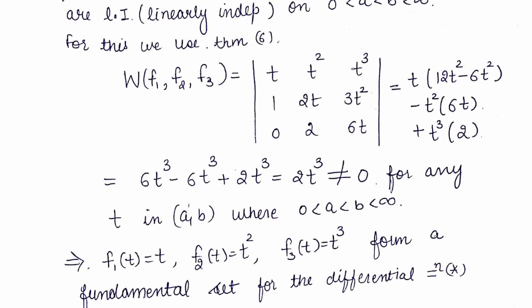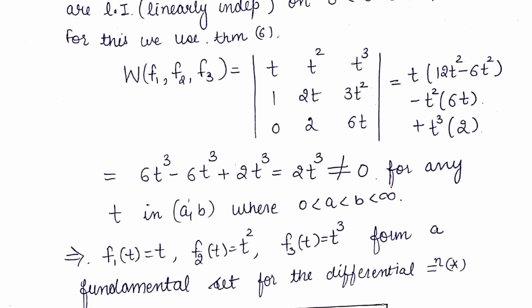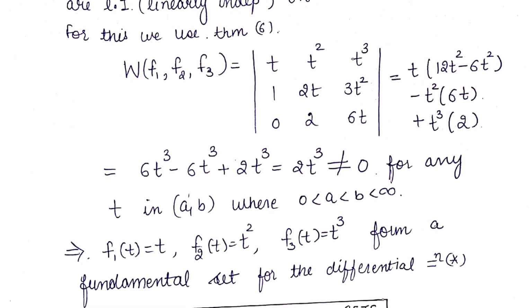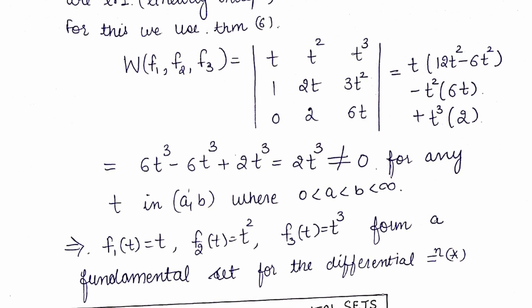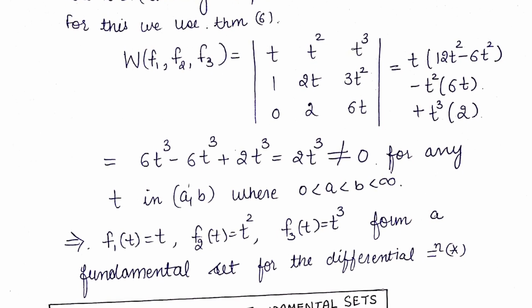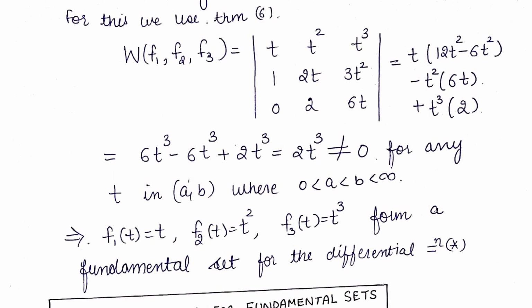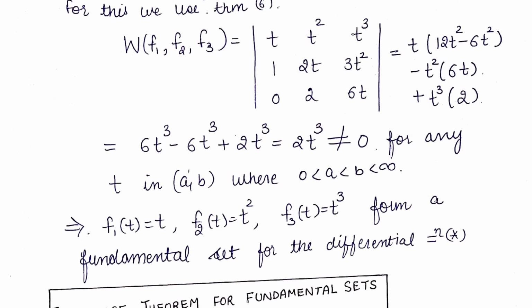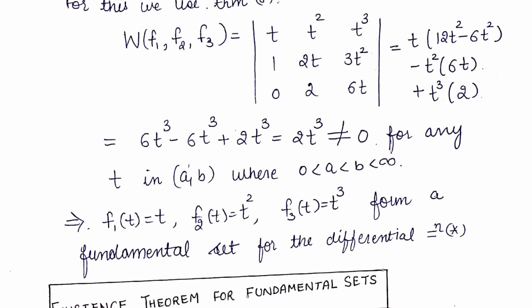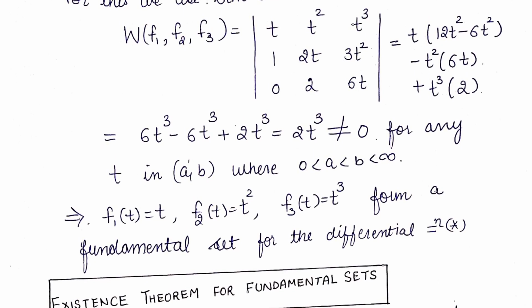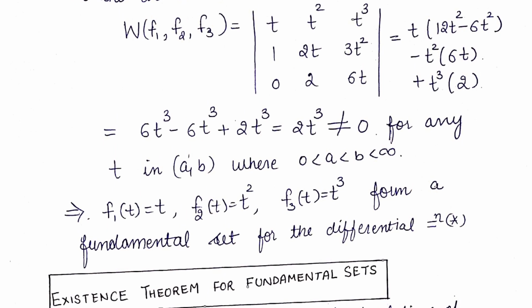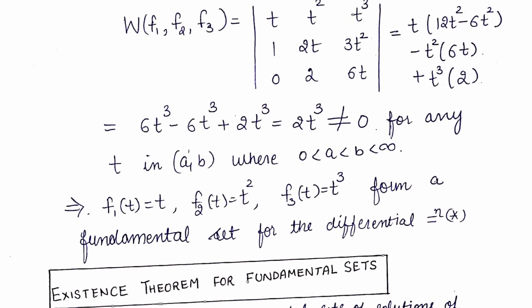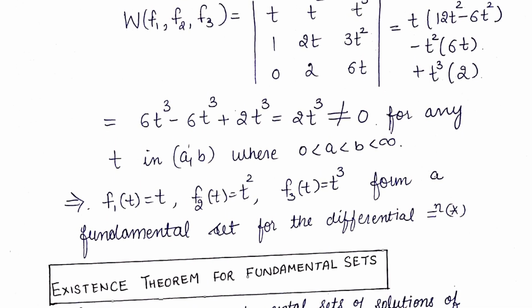So both conditions, that is, t, t square, t cube are solutions of the equation star, and the set t, t square, t cube is a linearly independent set of functions, imply that the set is a fundamental set for the equation star.